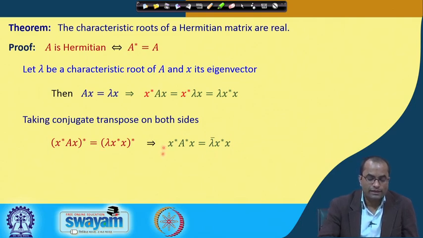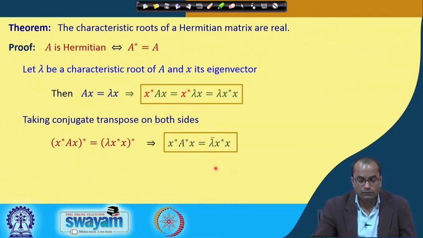So, we have the relation x star A x is equal to lambda x star x, and also x star A x is equal to lambda bar x star x. Just by taking the complex conjugate of the first equation, we got the second. Now the left hand sides of these two equations are the same because A star is A.